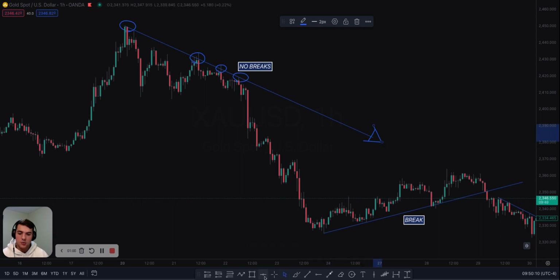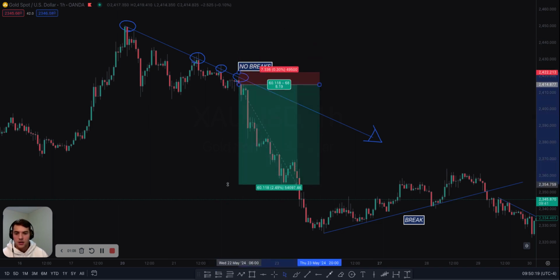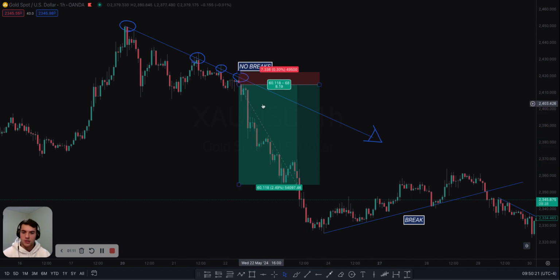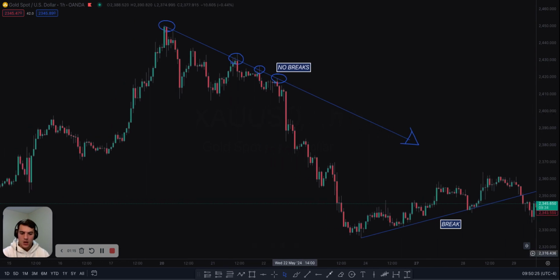So this is an opportunity for you to enter with a confirmation, of course, for a sell, and you can make money on that same trend line. All right, so this is the no break trend line, and this is how I set it up.